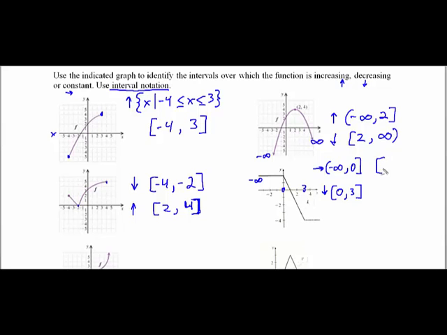So here's a bracket on 3, +infinity, and another parenthesis there. And we can use the union symbol here to show that it's either this or this over here to the right. So here we have the use of our union symbol for interval notation. Be careful not to use the and symbol, the upside down U, because that would mean the intersection of these two rays, and there are no intersections there.